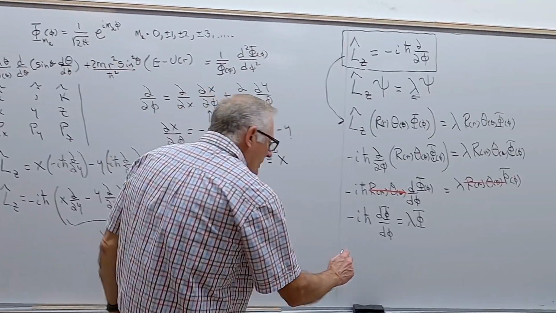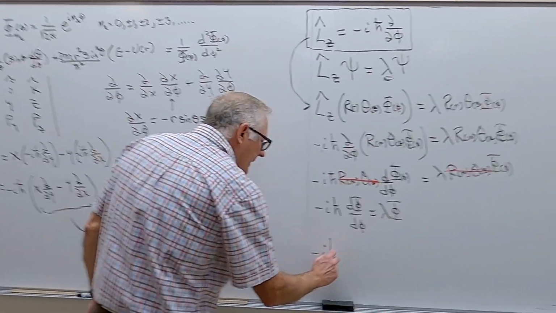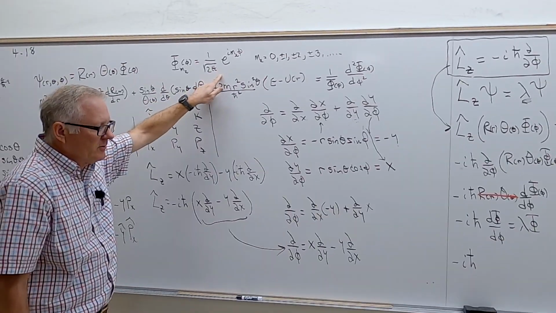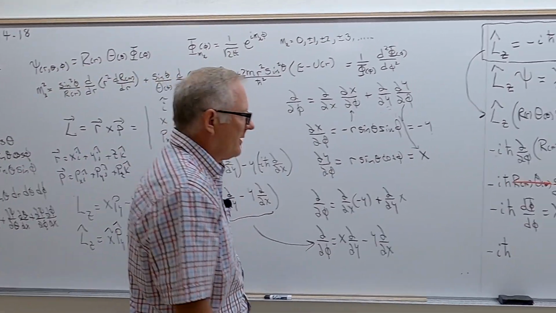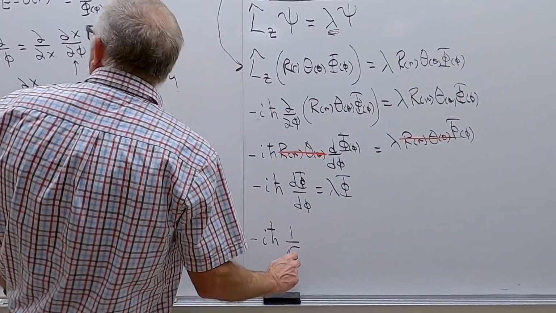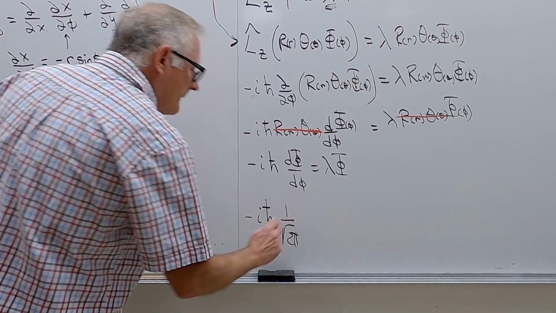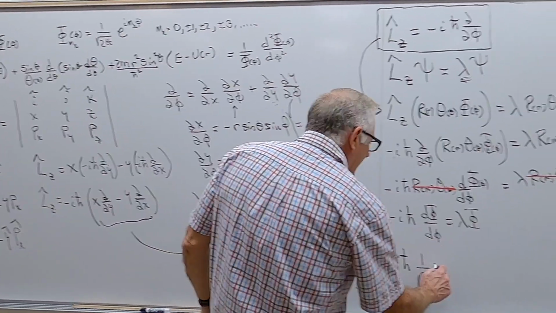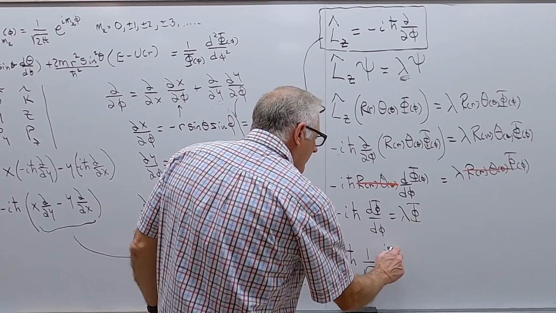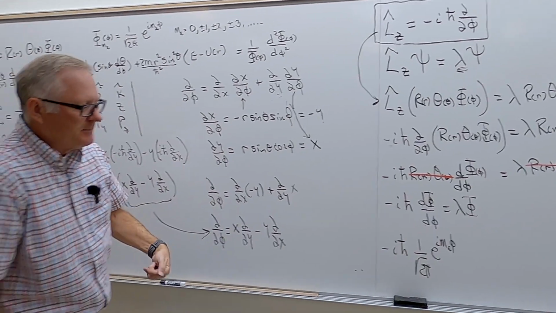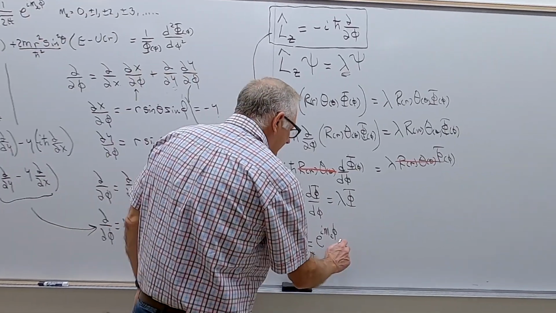So we end up with minus i h bar. If we take the derivative of this with respect to phi, I still get the 1 over the square root of 2 pi, and I still get an e to the i m sub l phi, times what comes down, i m sub l.